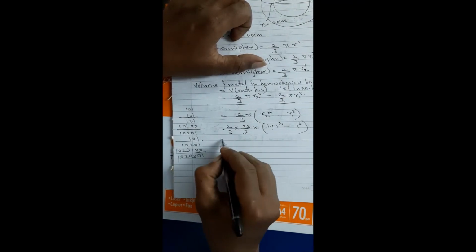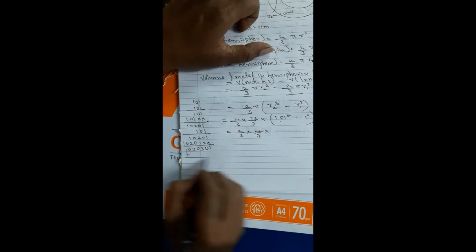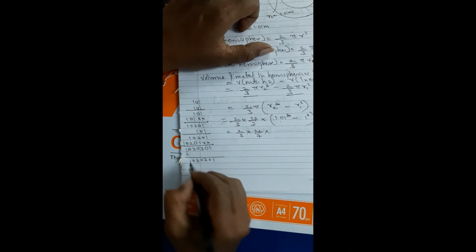So this is equal to 2 upon 3 into 22 upon 7 into the difference. When I subtract 1, I will get 0.030301.